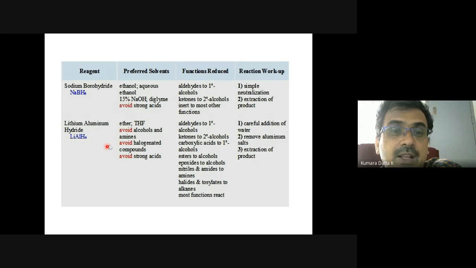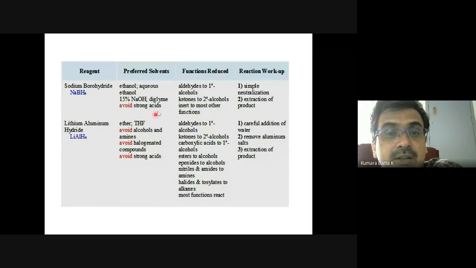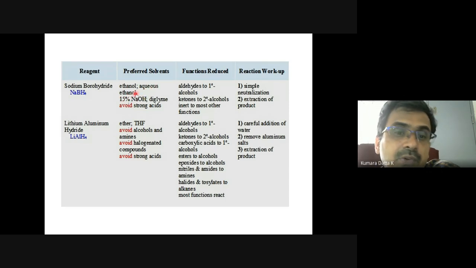For sodium borohydride, these are the preferred solvents: we can use ethanol or aqueous ethanol. Aqueous ethanol means 50-50 percentage, or if you want to go for a polar substrate, you can take 60-40, more water and less ethanol.